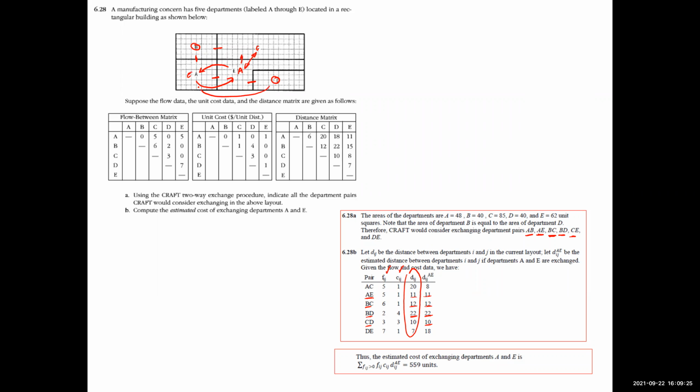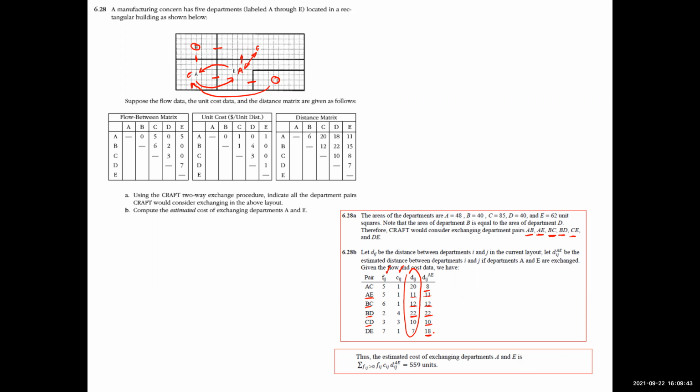Those are the only distances that we are recomputing. For AC, the distance will be 8, and for DE, the distance will be 18.